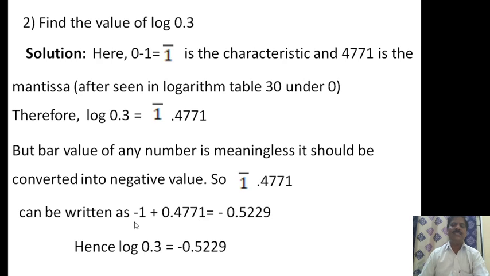Then subtract this from minus 1, and we get minus 0.5229. This is the logarithm value. Hence the log of 0.3 is equal to minus 0.5229.